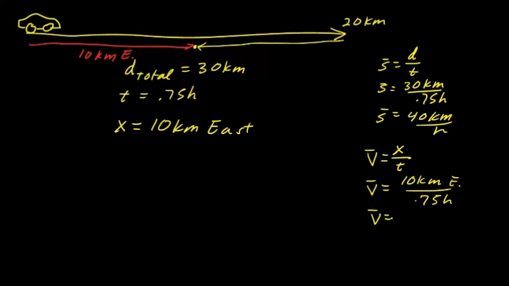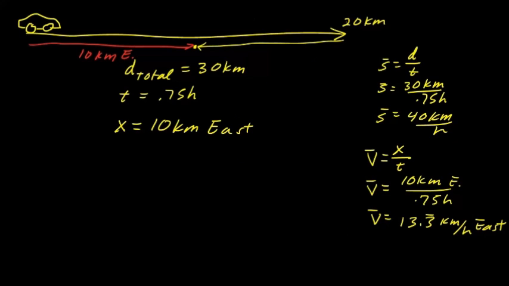And so the average velocity of this car works out to be 13.3 repeating kilometers per hour east.